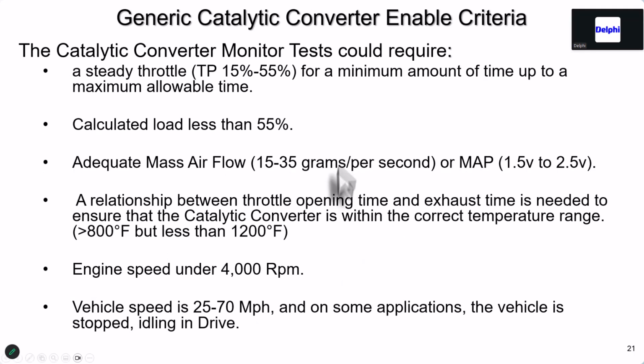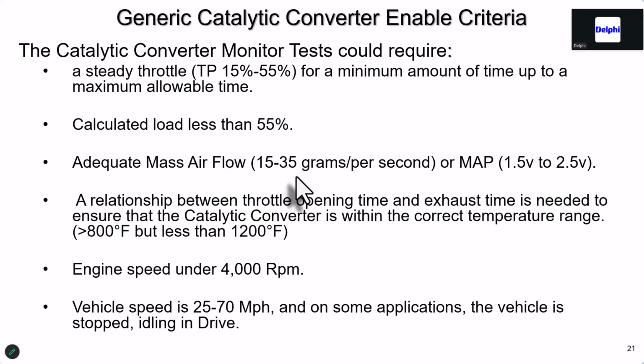Okay. General catalytic converter, same as the O2. Less than 55% off idle in most cases, but not all cases. Less than 55% on the calculated load and absolute load. Mass airflow, a good window is 15 to 35, but depending on the engine, it could be higher. I've seen them go higher than that.